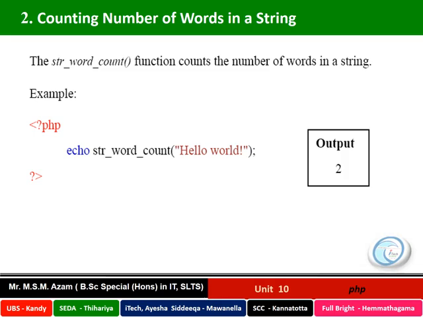For an example, I say echo str_word_count within double quotation the string "hello world". Then it's going to calculate the number of words in that string, that is 2. It finds or separates words by the space character. In the sentence hello world, there is a single space, that means there are 2 words in the given string.